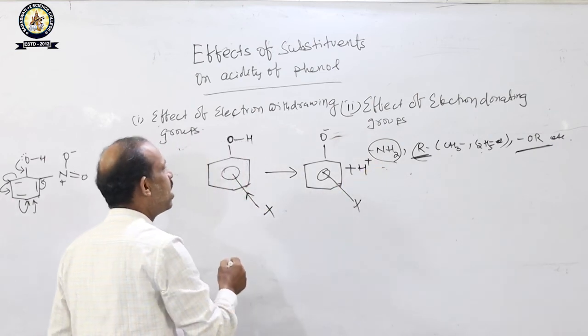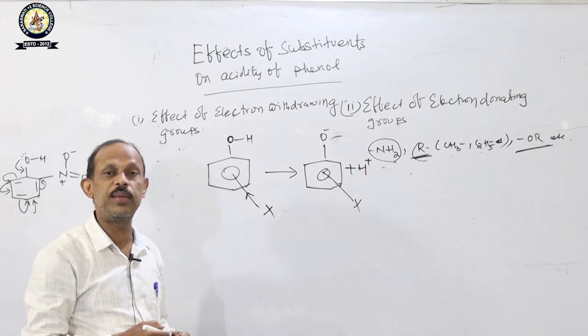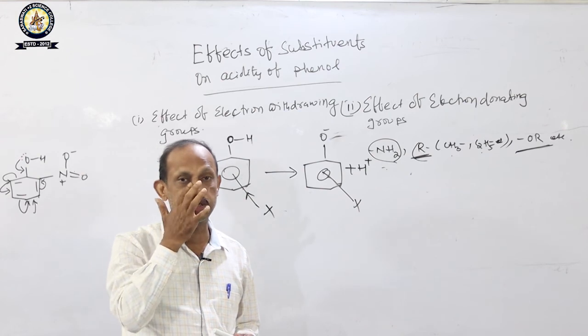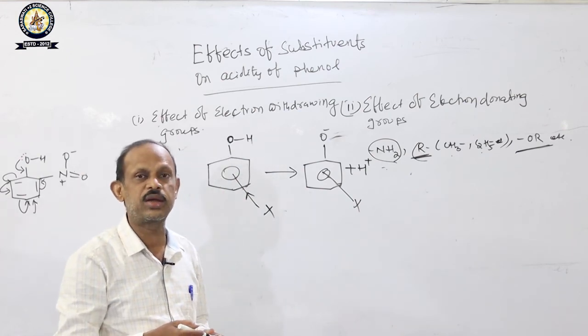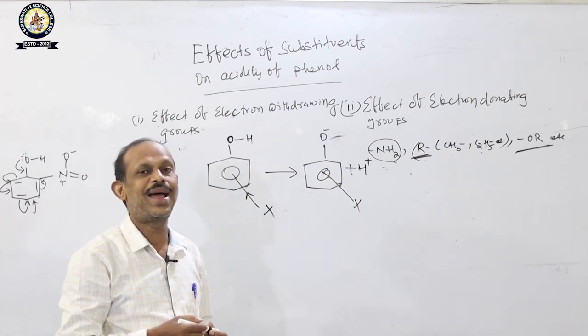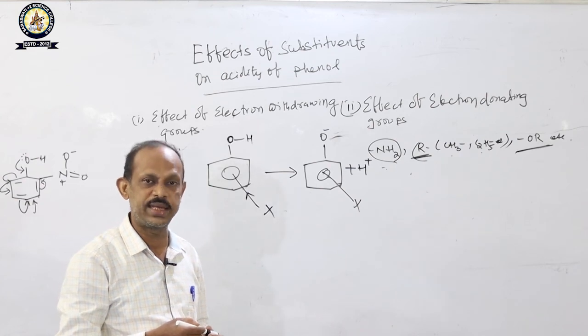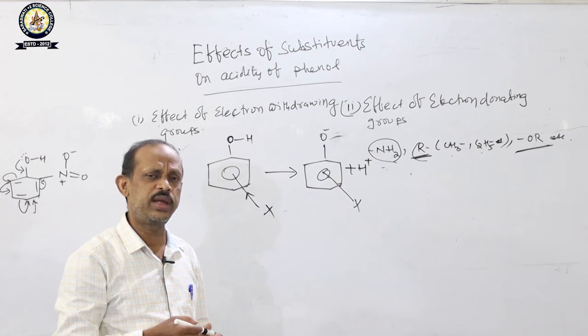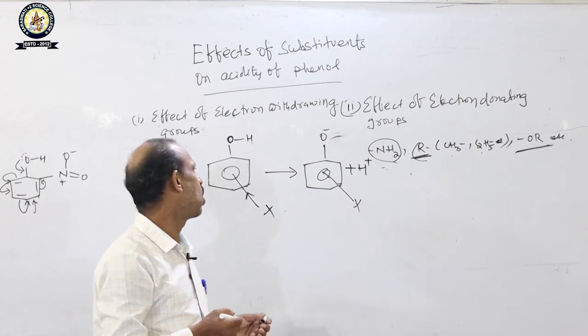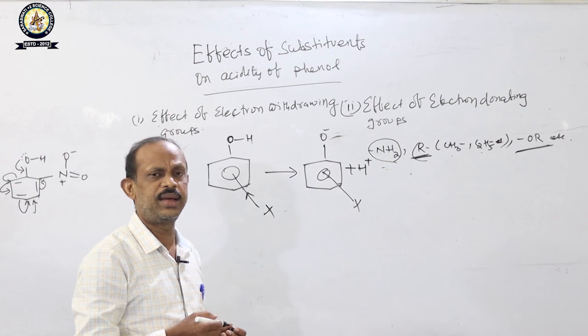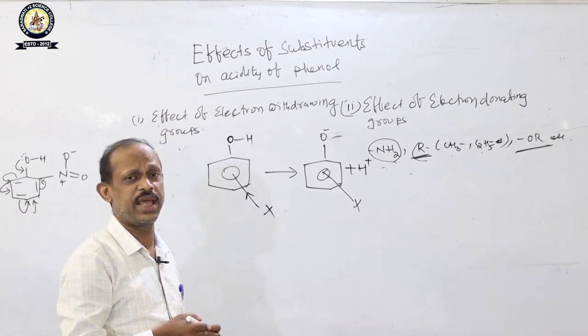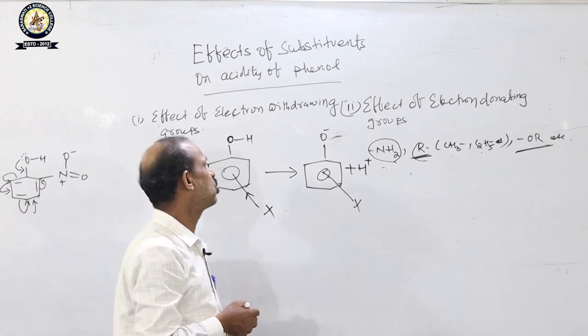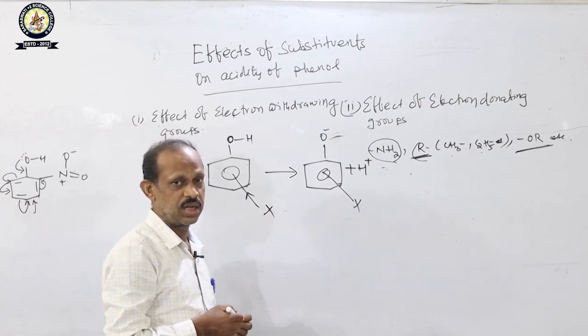Okay, so finally, what we came to know? Due to the presence of an electron withdrawing group, the acidity of phenol increases, and due to the presence of an electron donating or releasing group on phenol, the acidity of phenol will decrease.